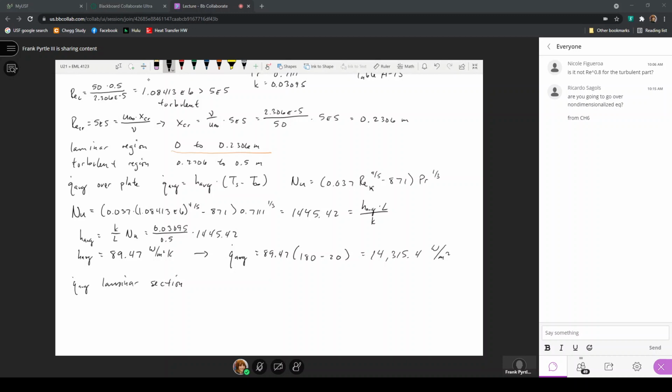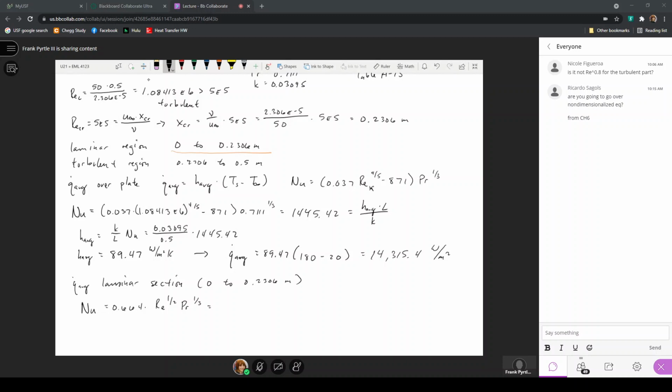So this is from 0 to 0.2306 meters. The average Nusselt number for the laminar region is 0.664 times the Reynolds number raised to the 1/2 times the Prandtl number raised to the 1/3.